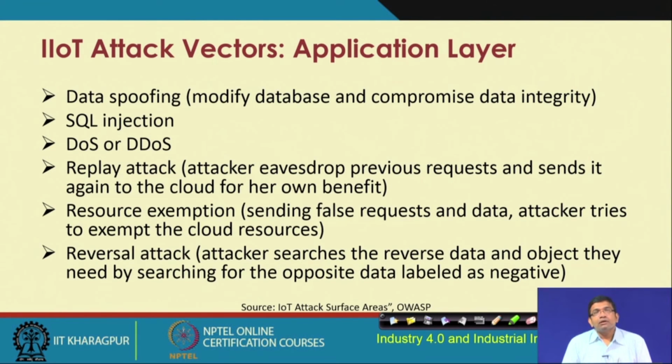Resource exemption attack: here false requests are sent and the attacker tries to exempt the cloud resources. Then reversal attack: here the attacker searches for the reverse data and object they need by searching for the opposite data that is labeled as negative. Through that negative data, the attacker tries to get in and get access to the legitimate data.